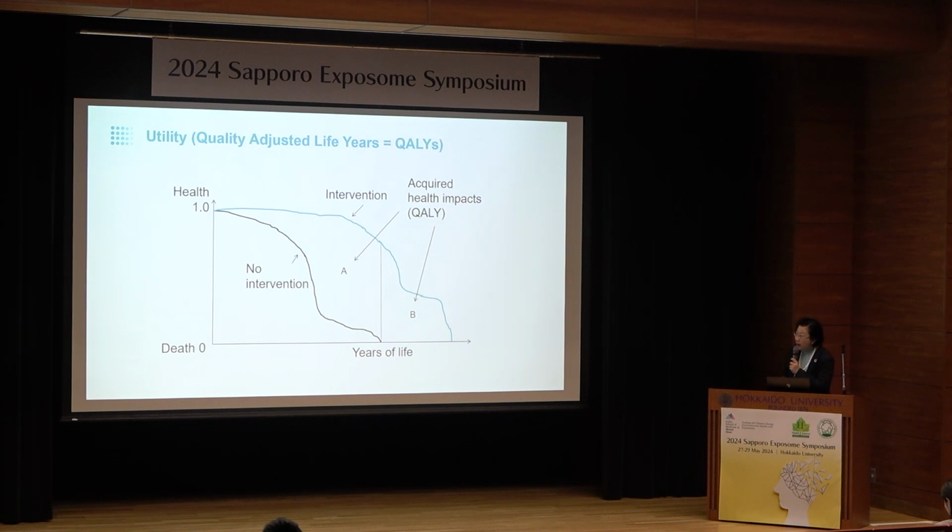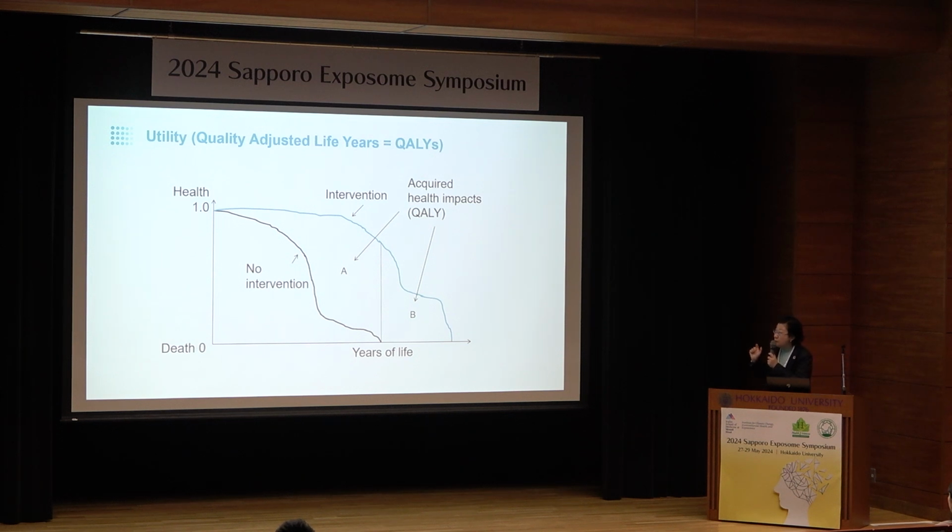So this is the basic concept of health economic evaluation. The mechanism is that you have several options. Compared to no intervention, or the status quo, the intervention is expected to earn more health outcomes. And then you compare the cost invested and the acquired health impact, which is often measured by a generic indicator called quality adjusted life years.